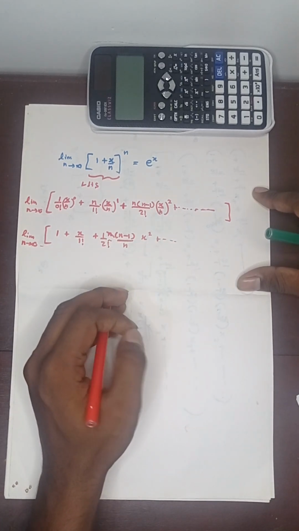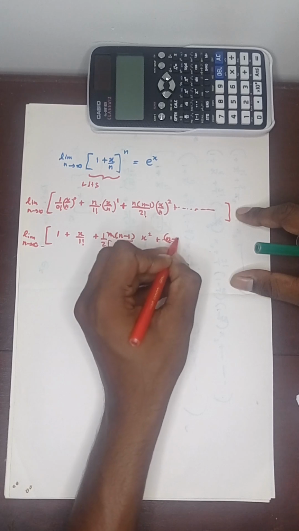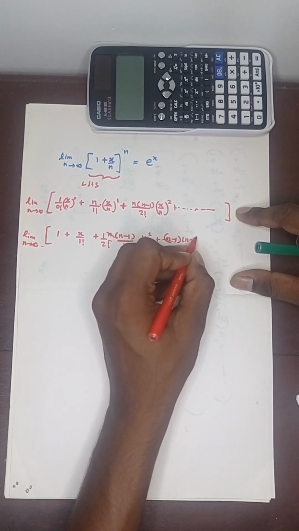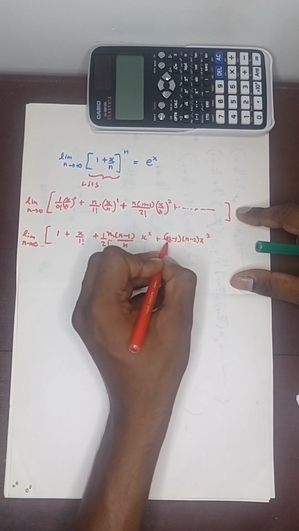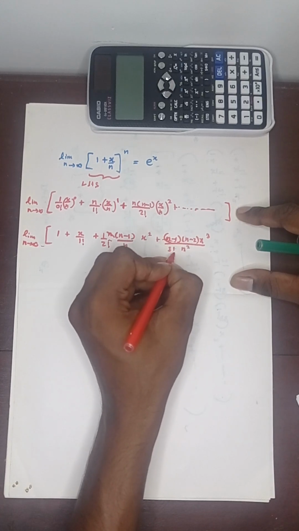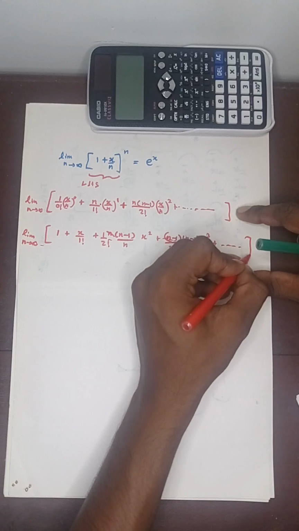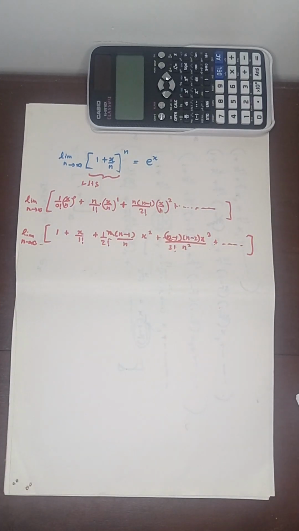Likewise, I'll write down the other term as well: (n minus 1) times (n minus 2) x cubed over n squared will be remaining after cancelling off the other n. Then there are infinite number of terms.